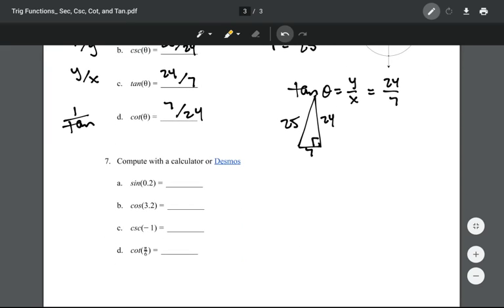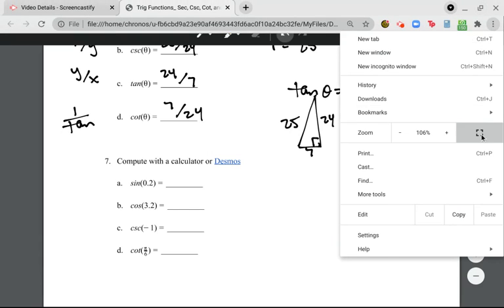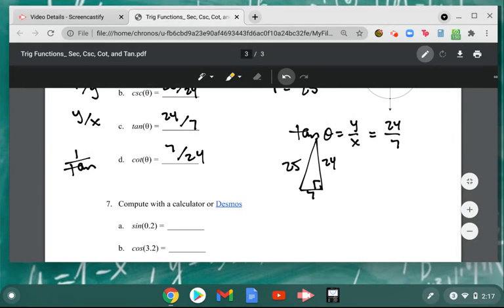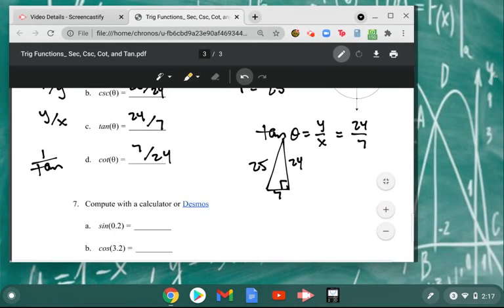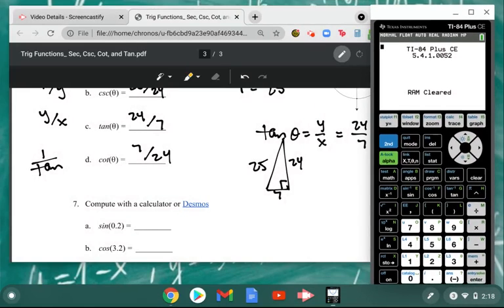Okay, last but not least, these are actually the really nice ones as long as you've got your calculator set up correctly. We want to do some calculations with a calculator and with Desmos. So I'm going to bring my calculator up here. Let me move it out of the way so we can see everybody. I'm going to clear this.